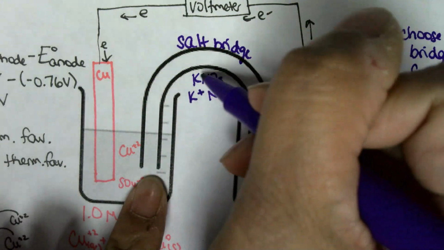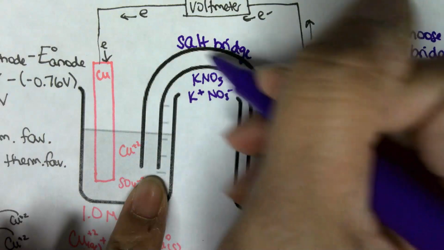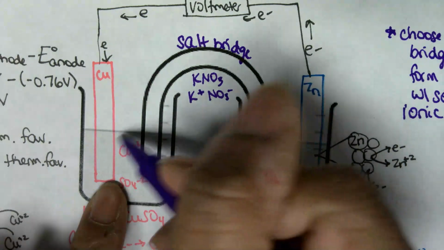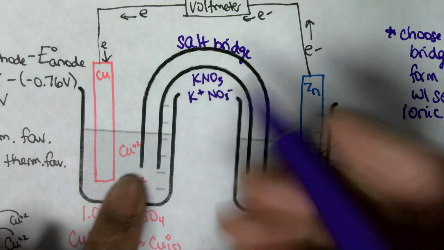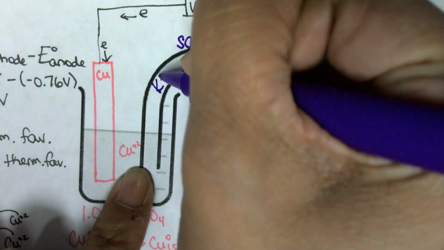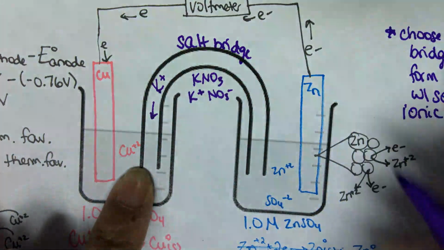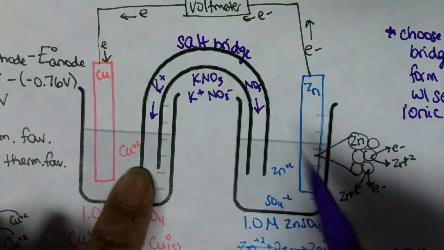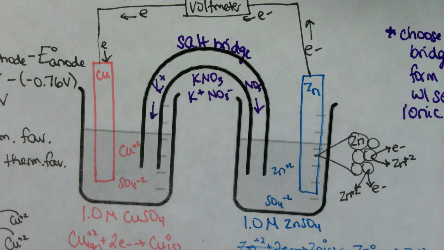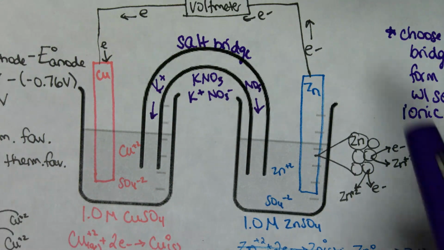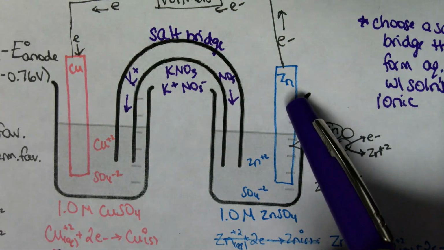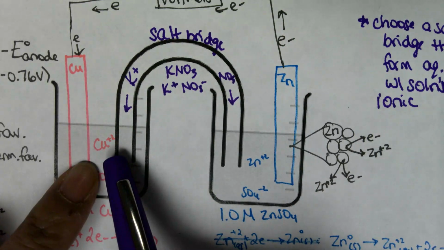So essentially, because you've got these ions, K plus and NO3 minus all hanging out in here, because this side ends up being more negative, your K plus kind of goes down here and your NO3 minus goes into that solution.